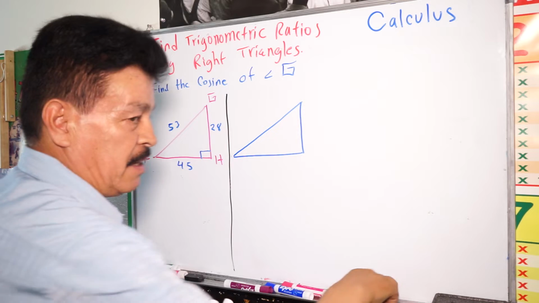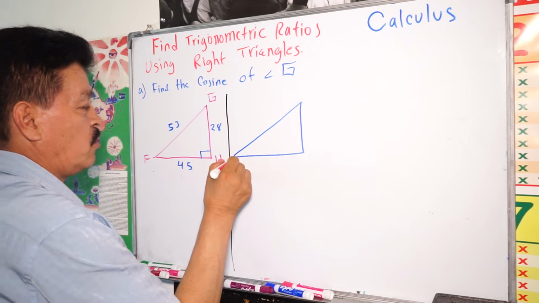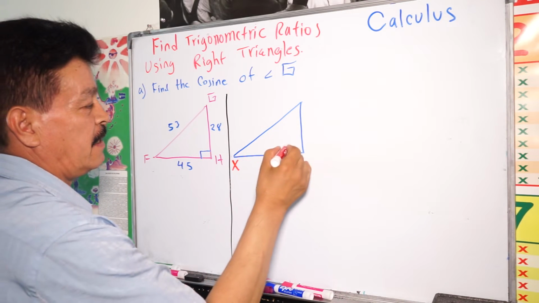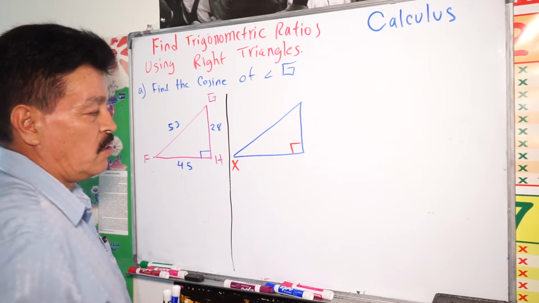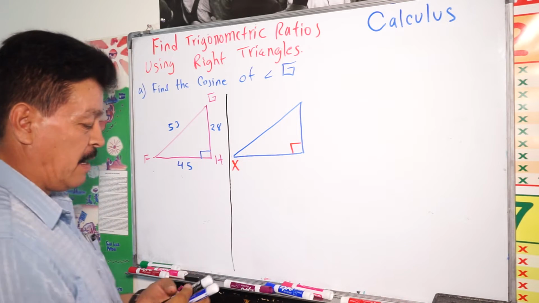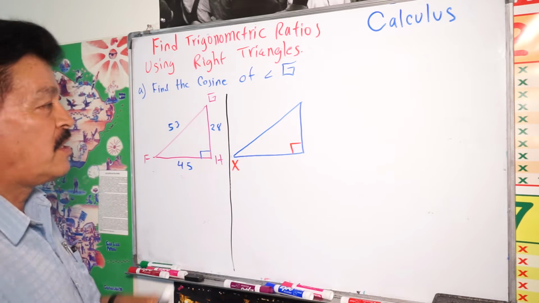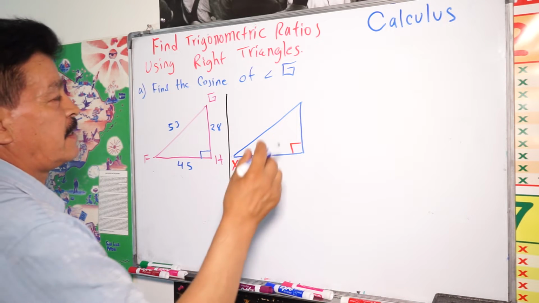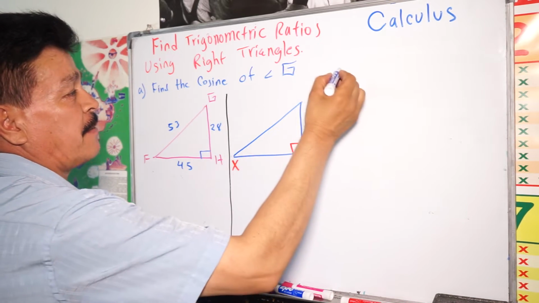Let me write this is going to be X, and this is the right angle. We have different ratios, for example sine.